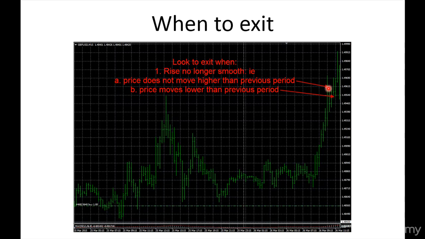If we had 5 positions on, we might exit 1 or 2 of those. And the price moving lower than in the previous period is also a warning sign. So 2 warning signs. See, that low is lower than the previous period's low. And it doesn't move higher than in the previous period. Those are reasons to get out of those trades.